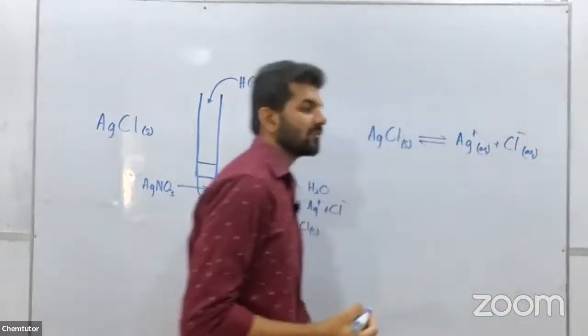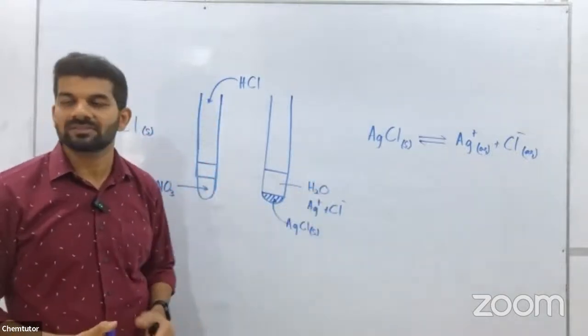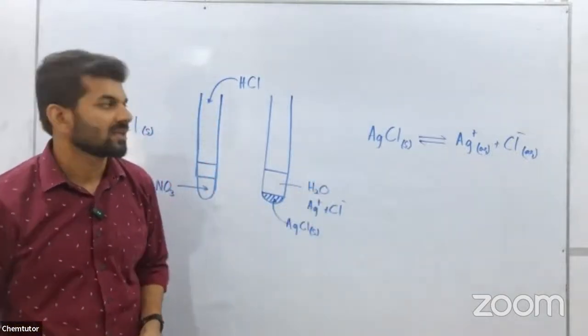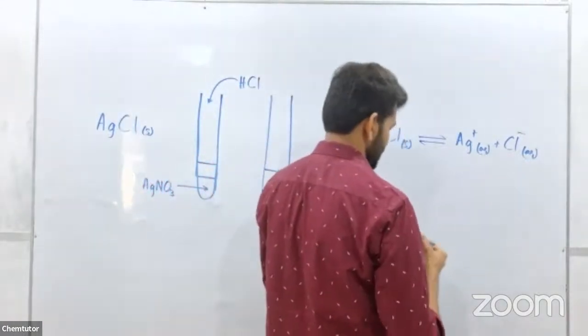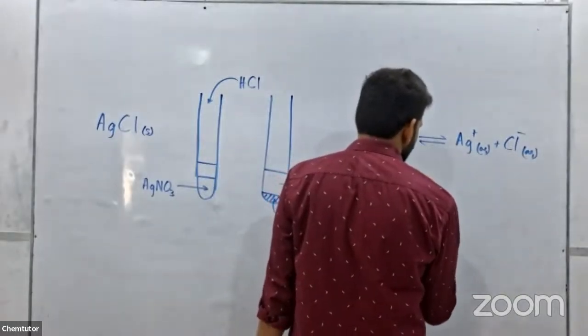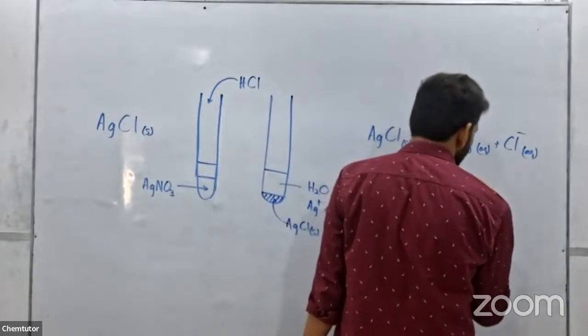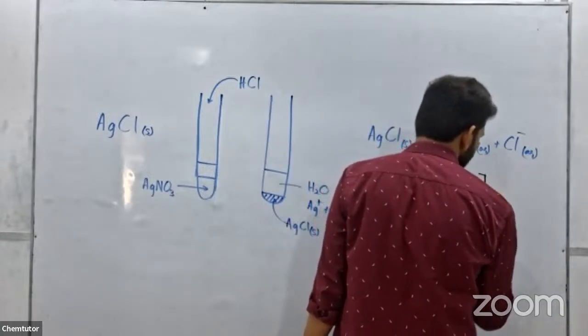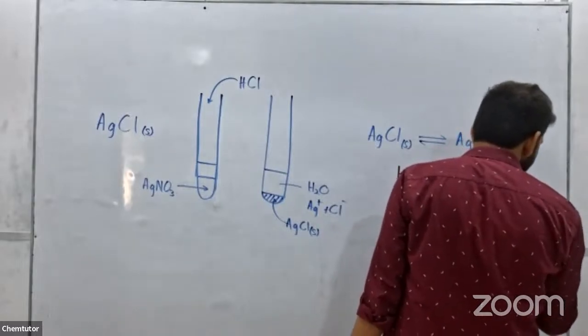There will be a dynamic equilibrium of AgCl with Ag+ and Cl-. Is it clear? Now for this, we can write the KSP expression. KSP equals Ag+ aqueous concentration into Cl- aqueous concentration.